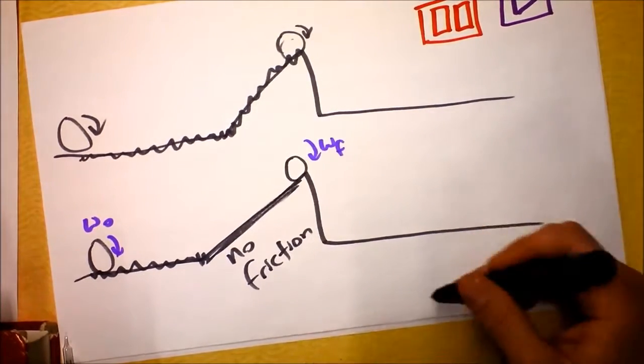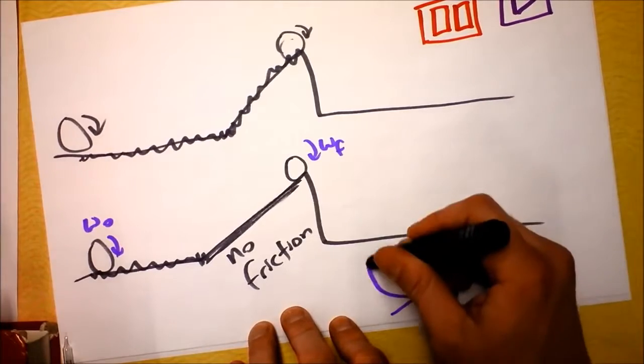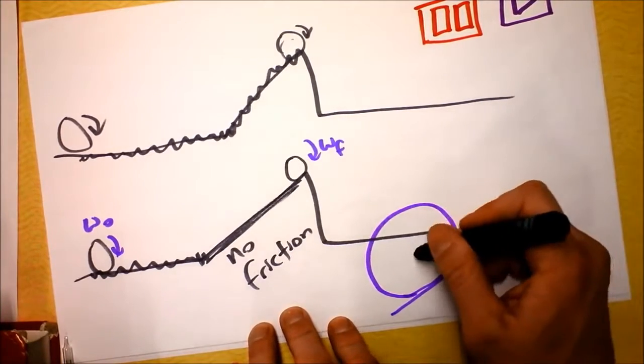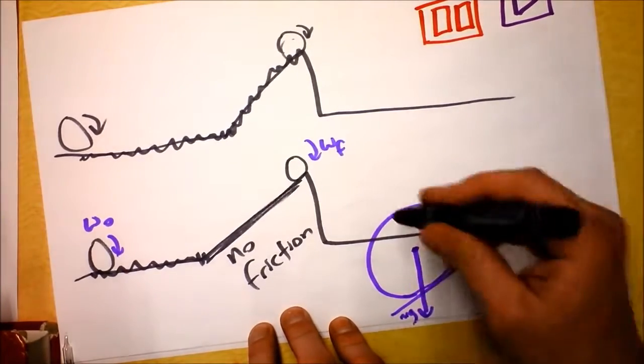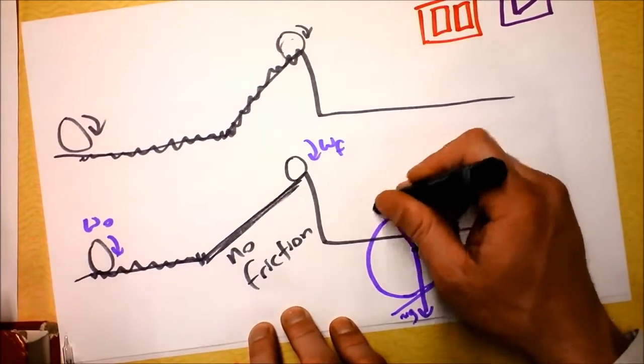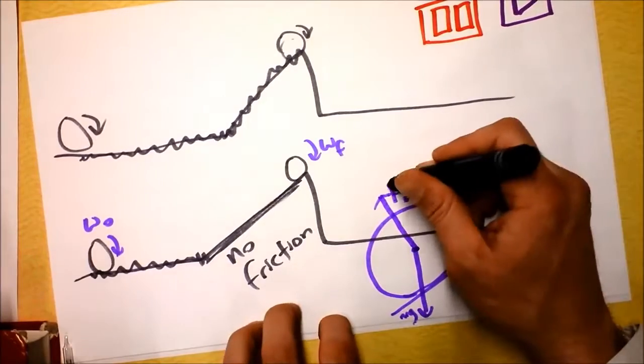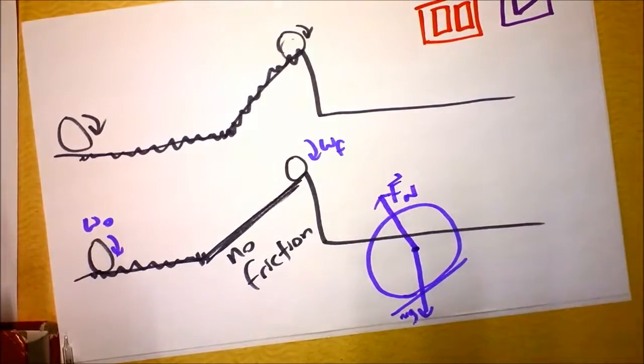I'm going to zoom into the ball for just a moment. Here we've got the ball, and the forces that act on it include mg acting straight down and the normal force acting straight out. Those are the two forces that act on the ball if there's no friction. Both are acting on the center of mass, so they produce no torque.